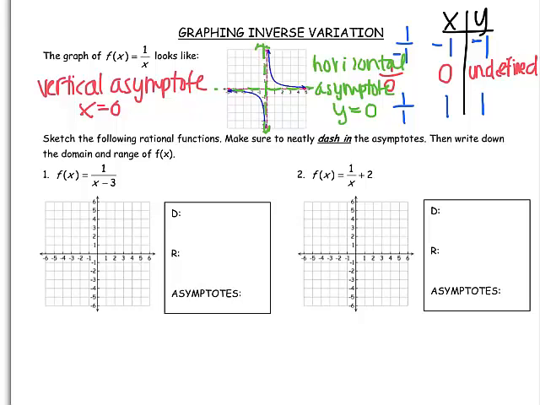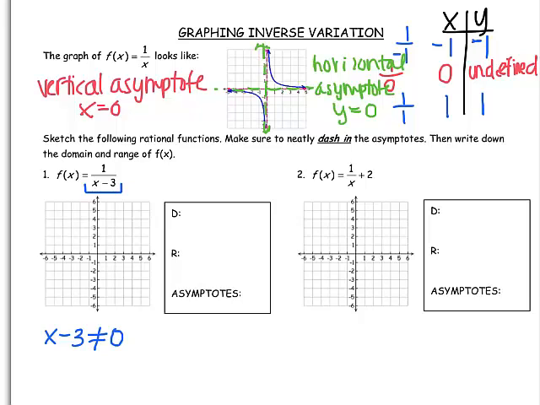Okay, so let's take a look at example 1. When you look at this, 1 over x minus 3, I'm going to ask you, what x value causes x minus 3 to equal 0? Because you are not allowed to divide by 0. So we're going to solve this little equation down here, because that value in that denominator cannot be 0.